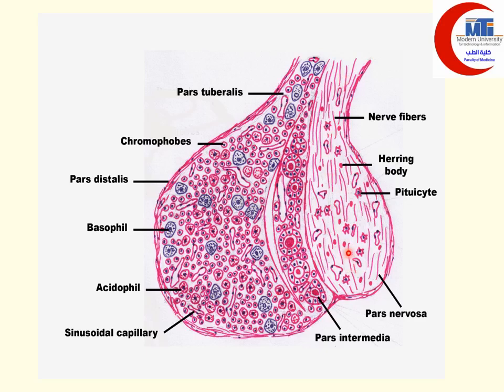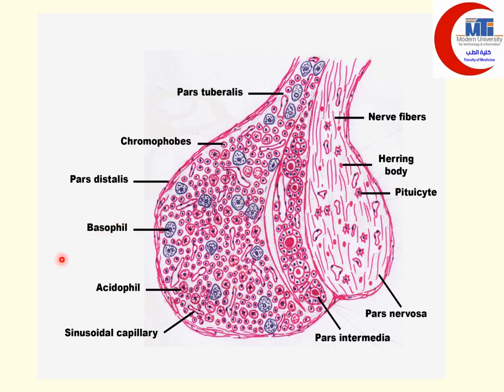And the neurohypophysis is formed of the infundibular stalk, a narrow part that connects pars nervosa to the hypothalamus, and this part called the pars nervosa. We studied in the previous lecture that pars distalis is formed of two types of cells. Chromophobe cells, which have no affinity to stains. These cells act as stem cells to other types of cells, or to chromophil cells.